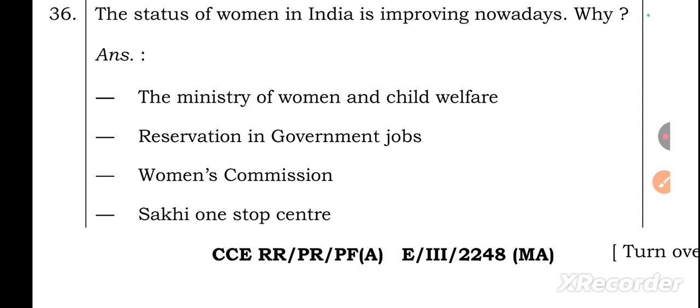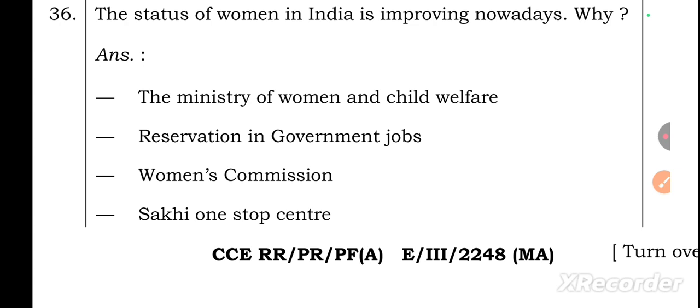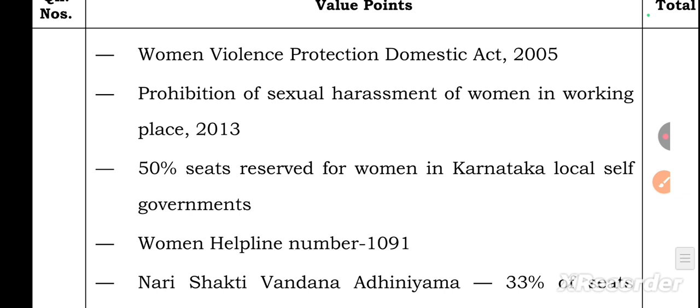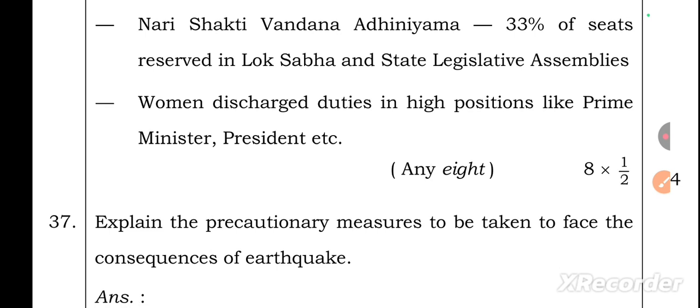The Ministry of Women and Child Welfare, reservation in government jobs, Women's Commission, Sakhi One Stop Center, Protection of Women from Domestic Violence Act 2005, Prohibition of Sexual Harassment of Women at Workplace 2013, 50% seats reserved for women in Karnataka local self-governments, Women Helpline number 1091, Nari Shakti Vandan Adhiniyam, that is 33% of seats reserved in Lok Sabha and state legislative assemblies, women discharged duties in high positions like Prime Minister, President, etc.